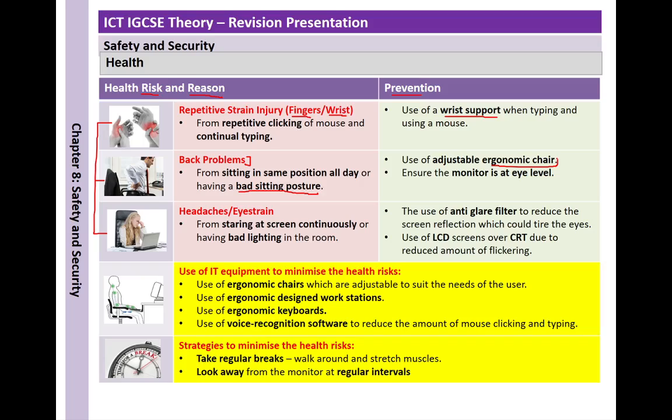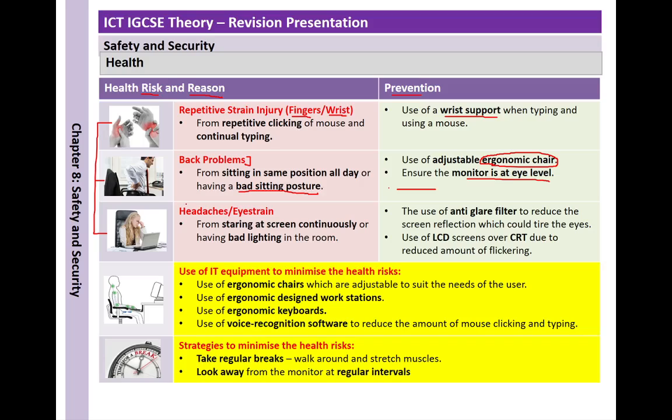They are more expensive than normal chairs, but they are worth buying, especially if you sit for a long time in front of the computer or at a desk. The second way is to have a monitor at your eye level, so you don't have to bend down or up to look at the screen. And the third is taking regular breaks.